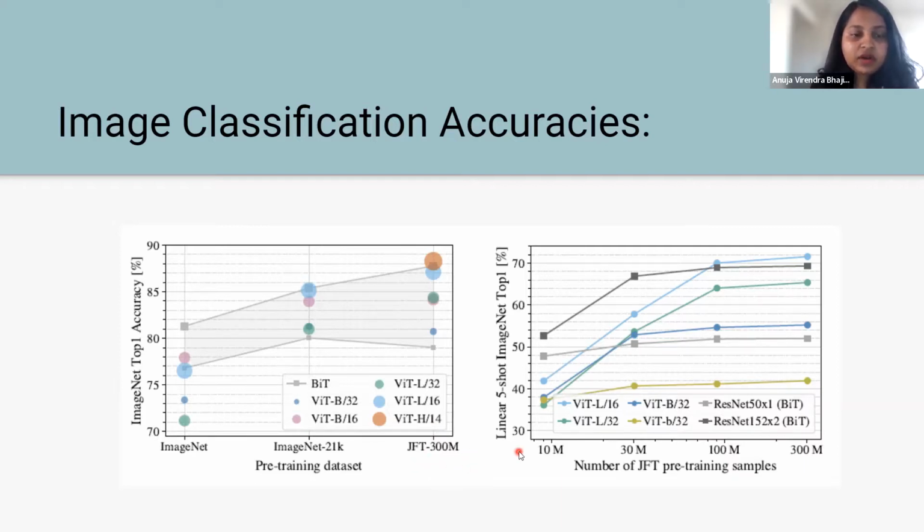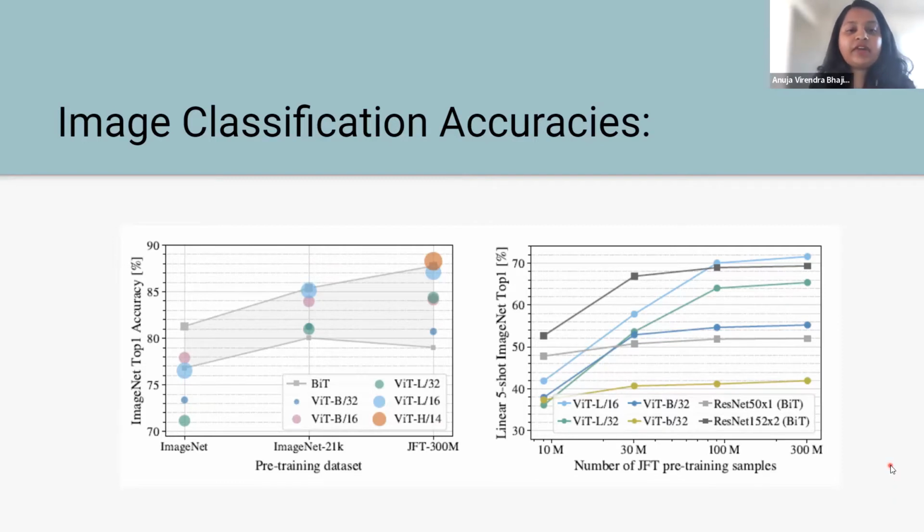Now in image 2, we train our models on random subsets of the JFT dataset. As we can see, ResNets perform better with smaller pre-training datasets, but plateau sooner than the ViT architectures. And ViTs perform better when larger pre-training datasets are used, and that can be seen here.